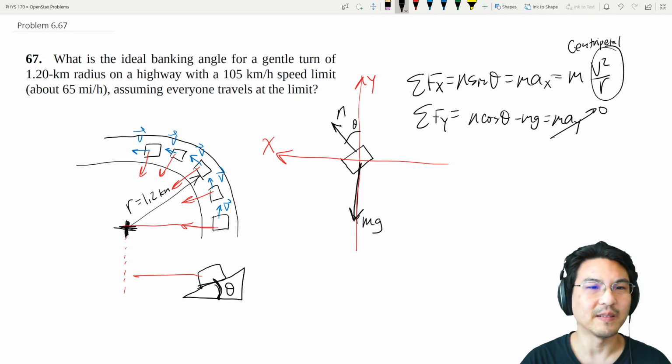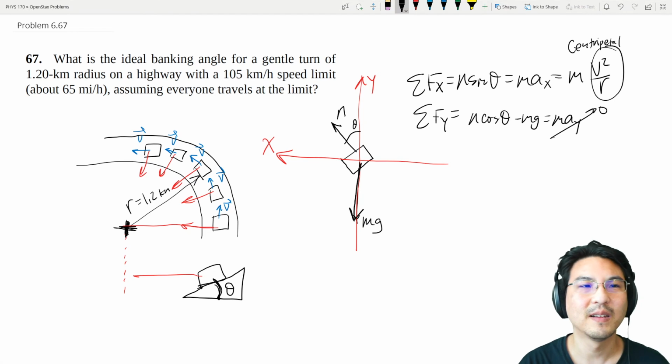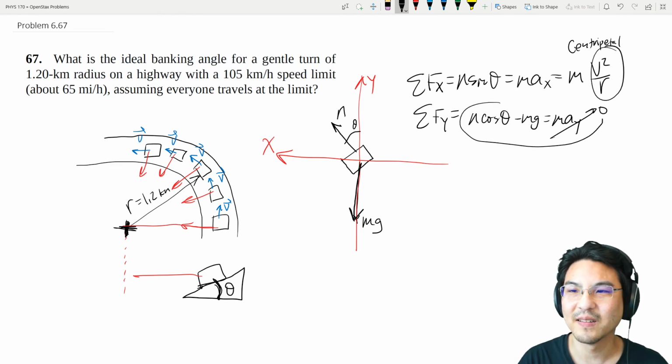Okay, so then we're trying to solve for the angle. Let's substitute, well, here we have some unknowns, so we can substitute: N cosine theta minus mg equals 0, so therefore N equals mg over cosine theta.